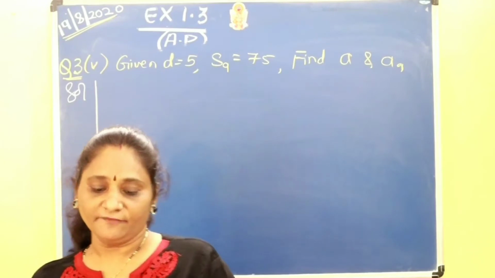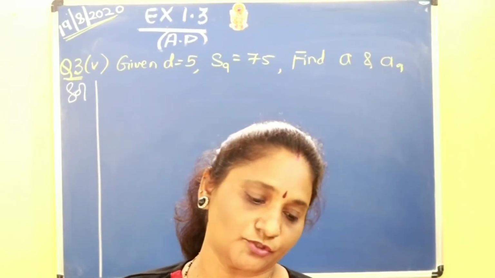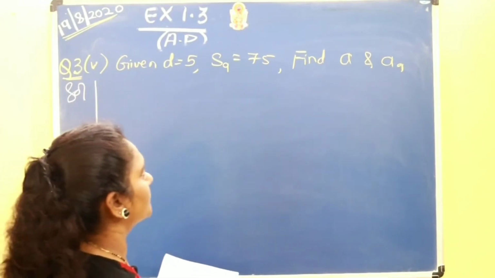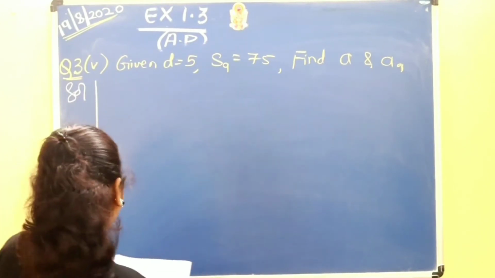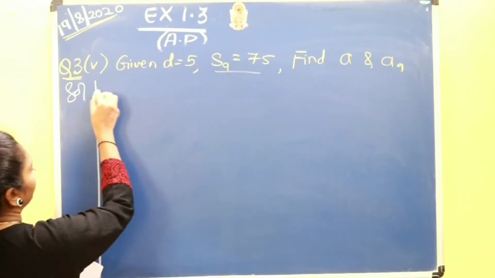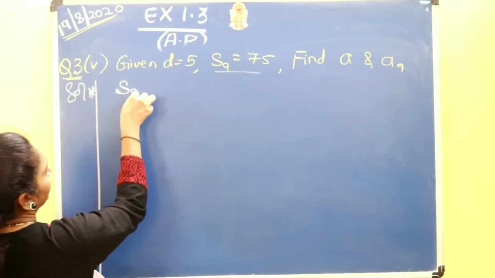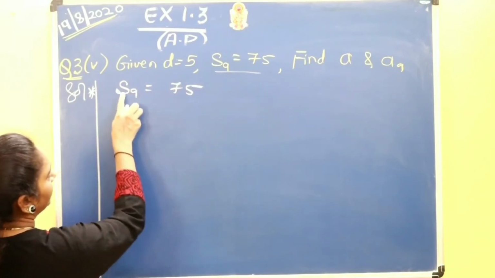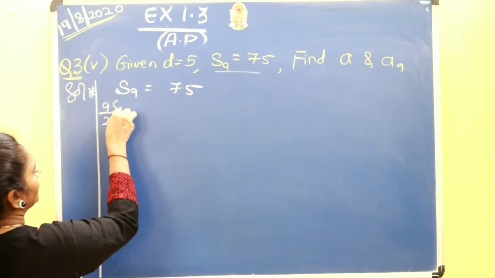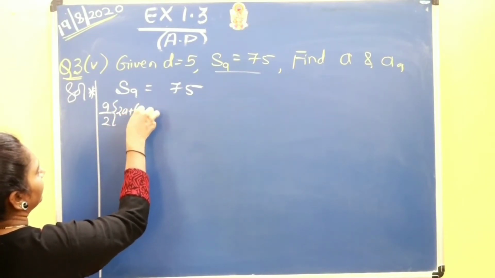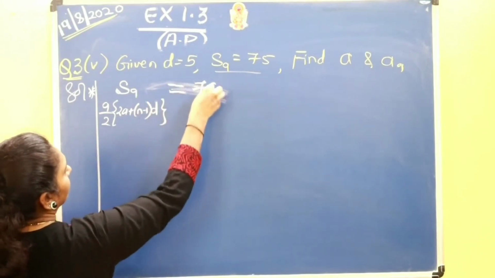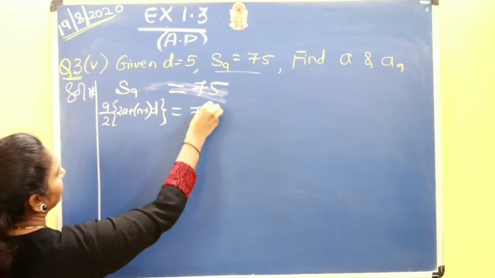Coming to question number 5 of main question 3, sub question 5. Given d is equal to 5, S9 is equal to 75, find a and a9. Here what is given? S9 equal to 75 is given. So take that. S9 is equal to 75. Write the equation n by 2, 2a plus n minus 1 into d equal to 75.